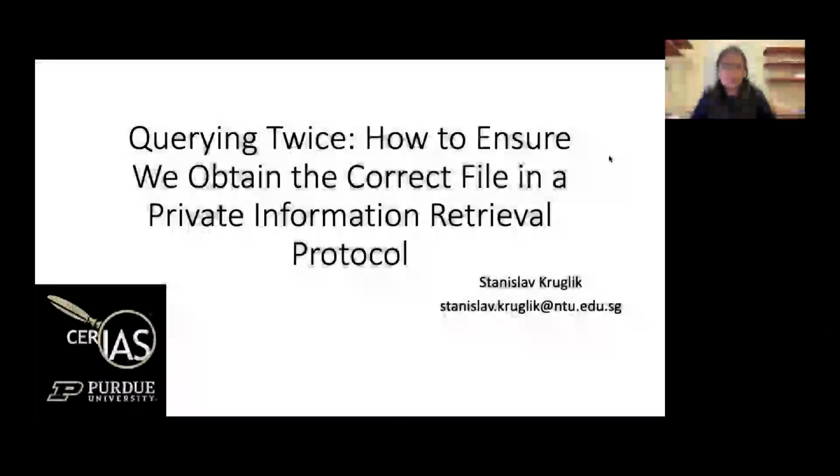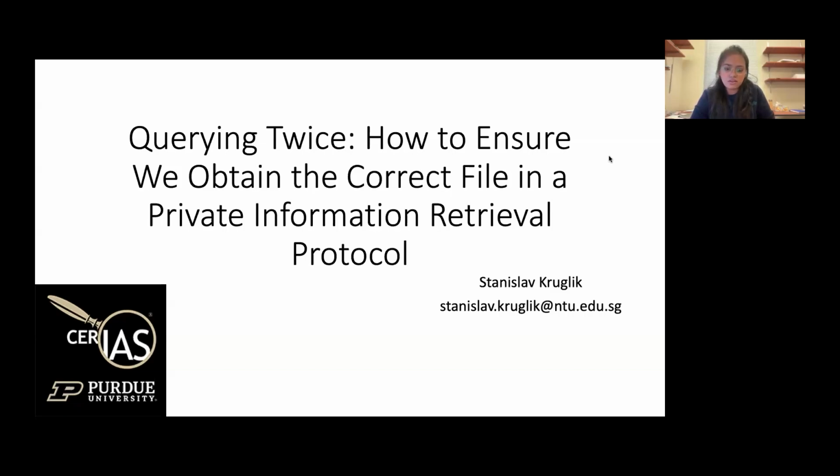It's my honor to introduce Stanislav Kruglik. He's a research fellow in the School of Physical and Mathematical Sciences at NTU in Singapore. Stanislav earned his PhD in Theoretical Foundations of Computer Science from Moscow Institute of Physics and Technology in Russia. He is an IEEE senior member and a recipient of the Simons Foundation Scholarship.